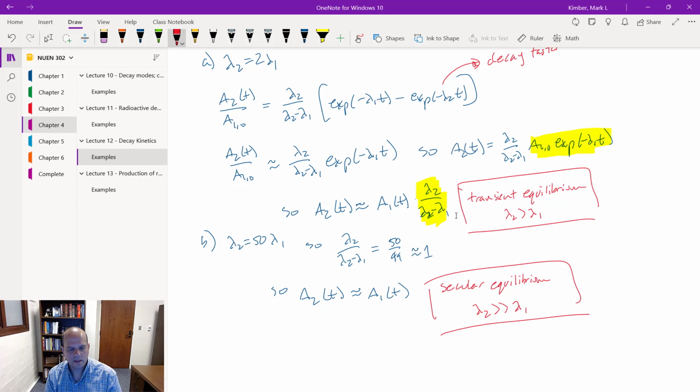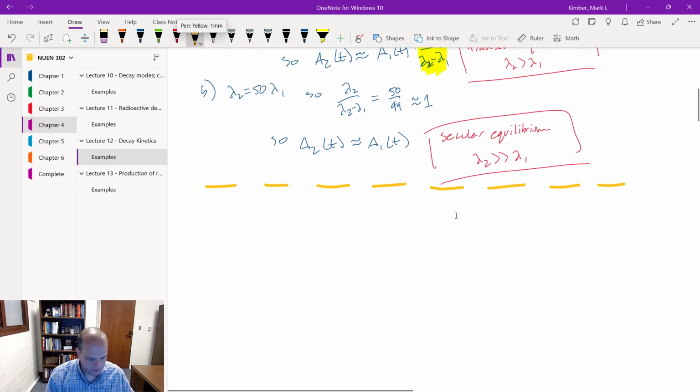But let's talk on, as kind of a side note not related to this particular problem, because in this problem both A and B have lambda 2 greater than lambda 1. But if I have lambda 2 less than lambda 1 or lambda 2 much less than lambda 1, I can come up with similar expressions. They are going to look really similar, but just swapping out lambda 1s and lambda 2s. And so let's hurry and write those down just as a side note here.